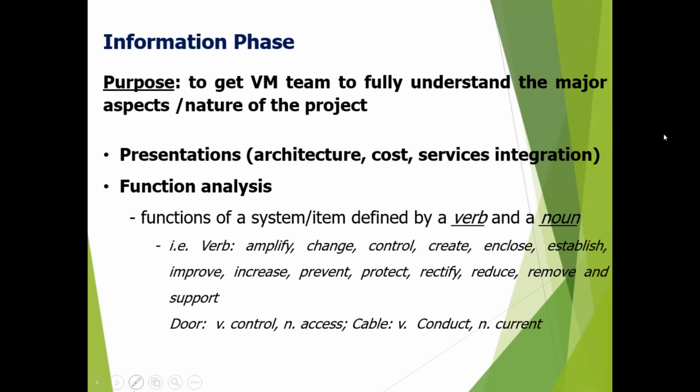So that is an easy way to understand the various functions associated with a system. Okay. Right. So see, there are a few verbs: amplify, change, control, create, enclose, etc. And door, we say control the cases.